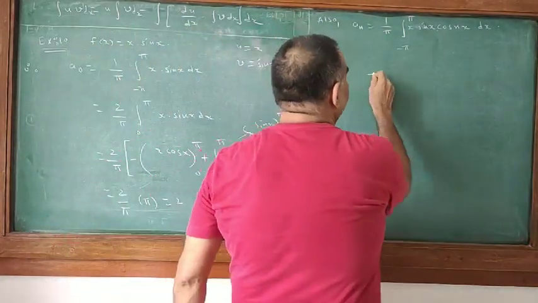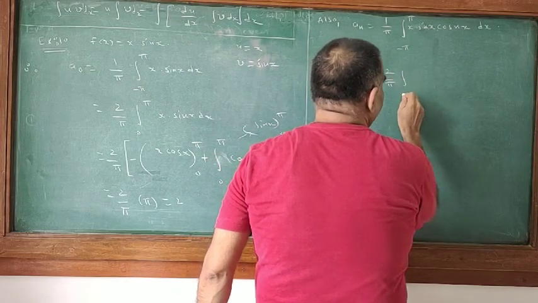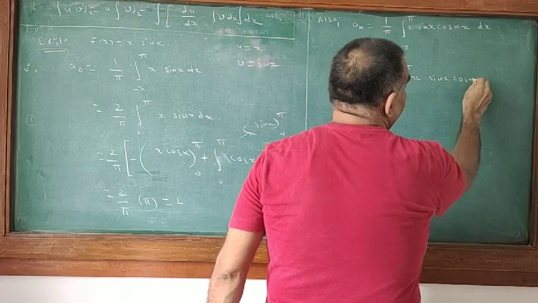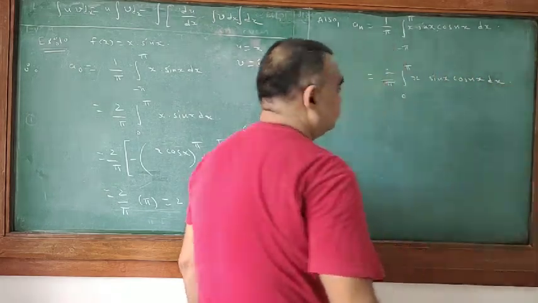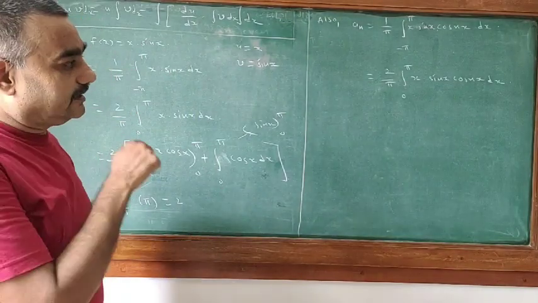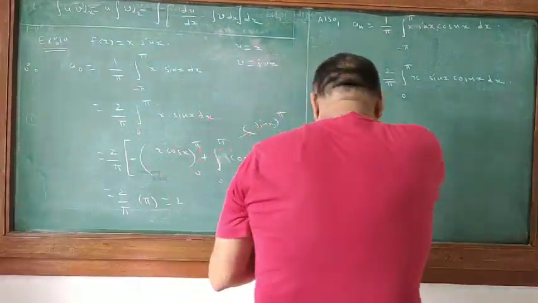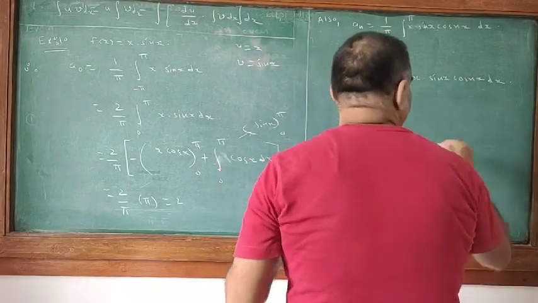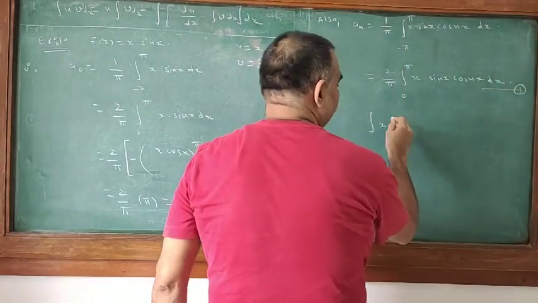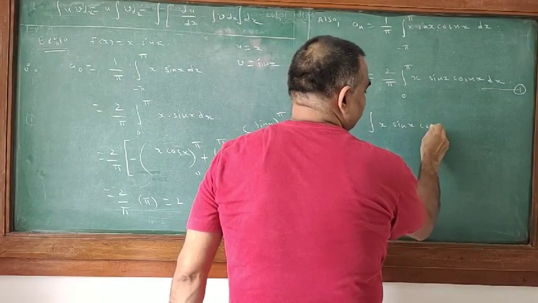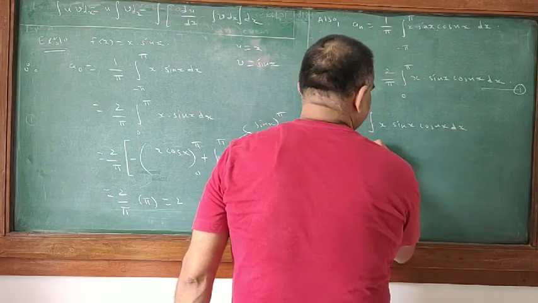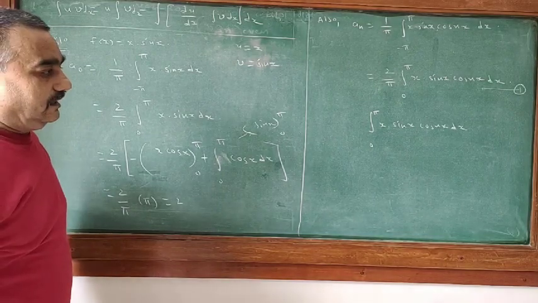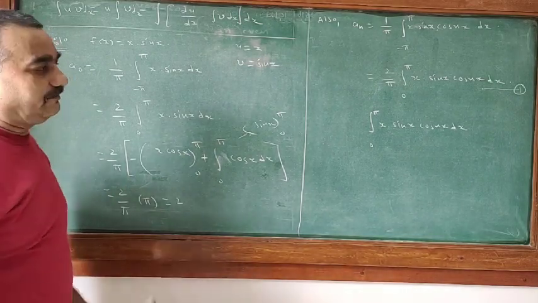Therefore, this is equal to 2 upon pi, 0 to pi, x sin x cos nx dx. Now here, I say this is equation number 1, and the integration of x sin x cos nx dx, and the limit is 0 to pi. Here we are going to apply one more formula.